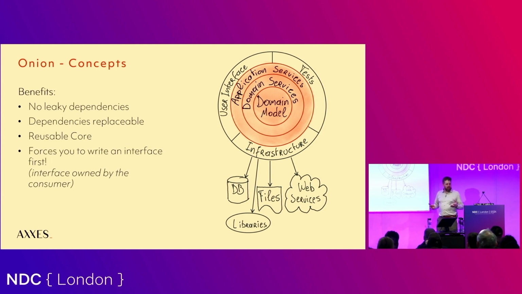Now, the benefit to me of doing this is that no dependencies can actually leak into your core, and all your dependencies become very replaceable. Think about our marbles. We can very easily take something in that outer layer, write a new implementation for the same interface, and be sure that all of our essential domain code still works. So it forces you in the right way.